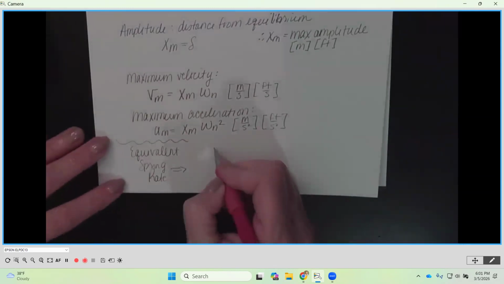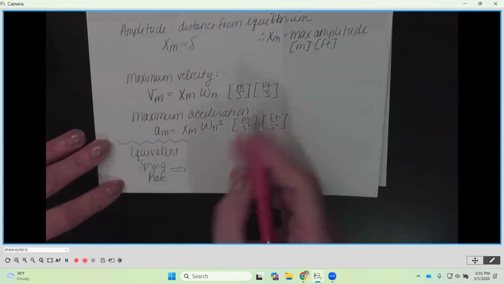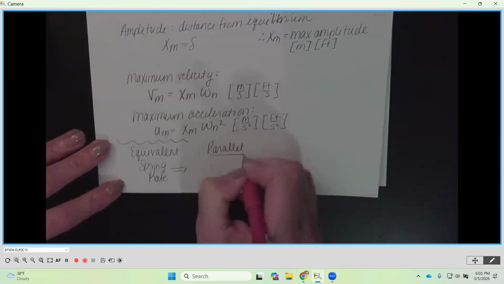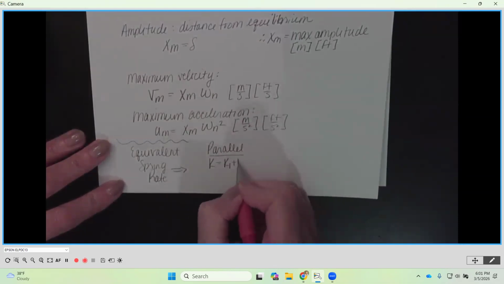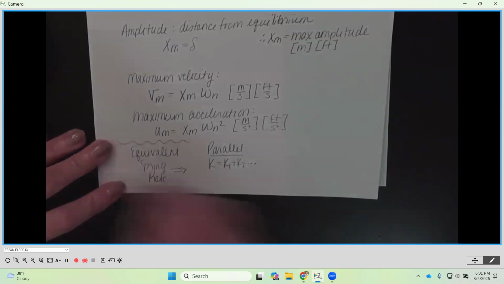I'm going to have two columns here, one for parallel and one for series. So parallel: K equivalent is equal to K1 plus K2, and then I'm going to put 3 dots. However many we have, we would continue to add.